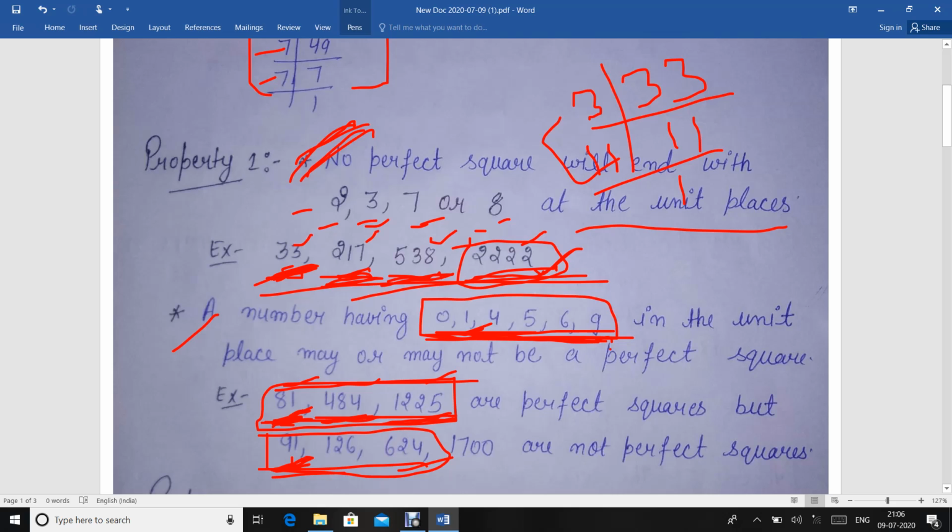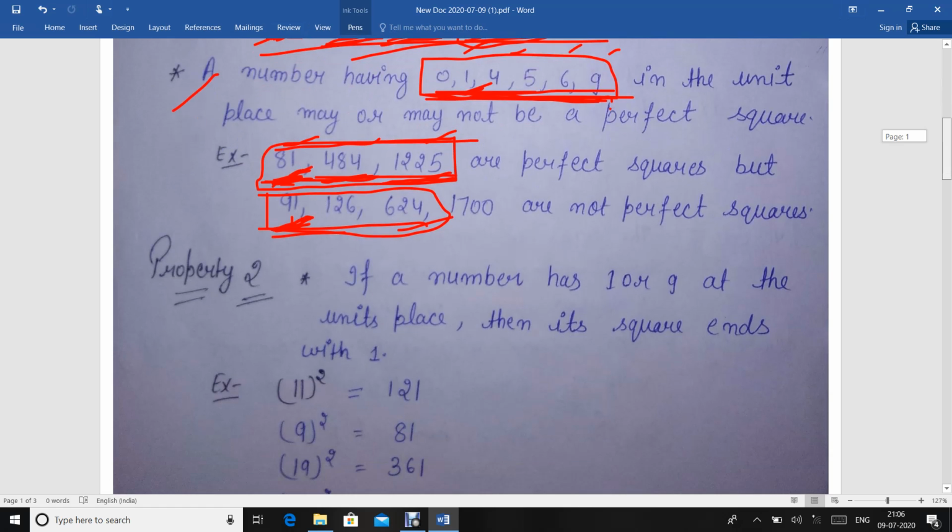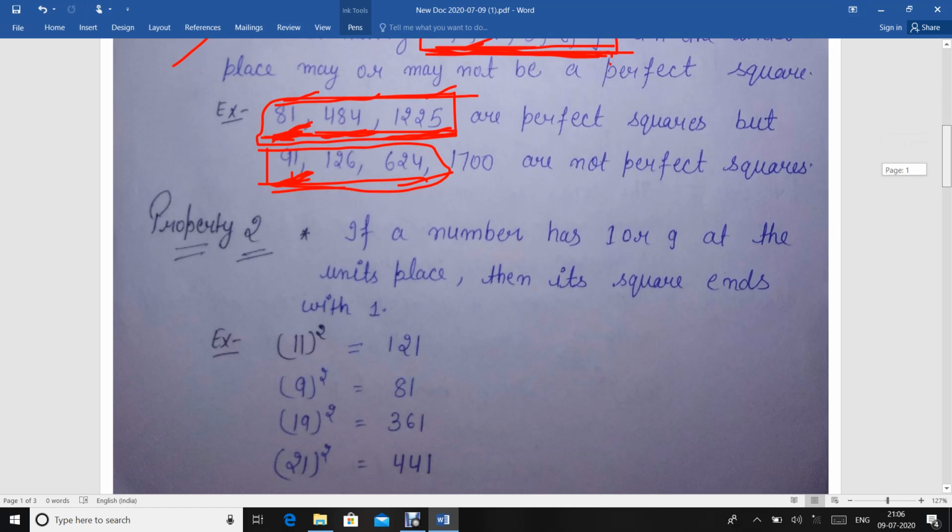So a number having 0, 1, 4, 5, 6 and 9 in the unit place may or may not be a perfect square. Let us move towards the next property, which is property number 2.